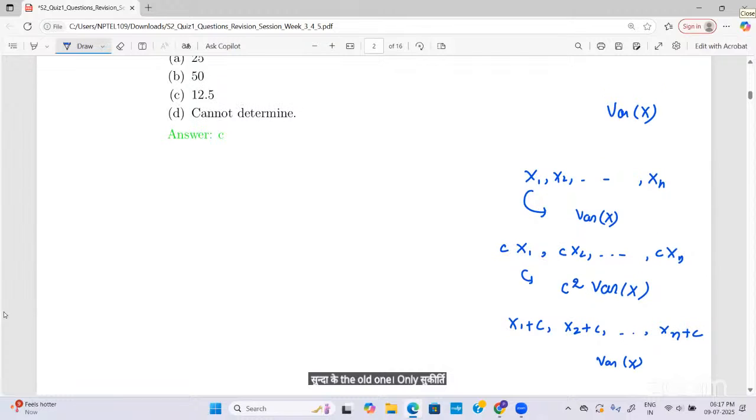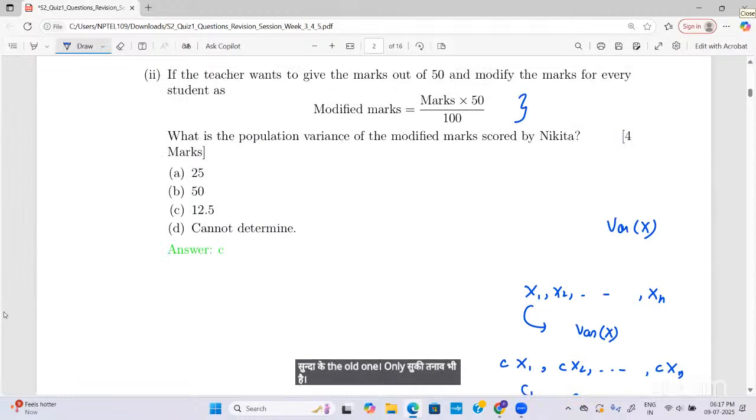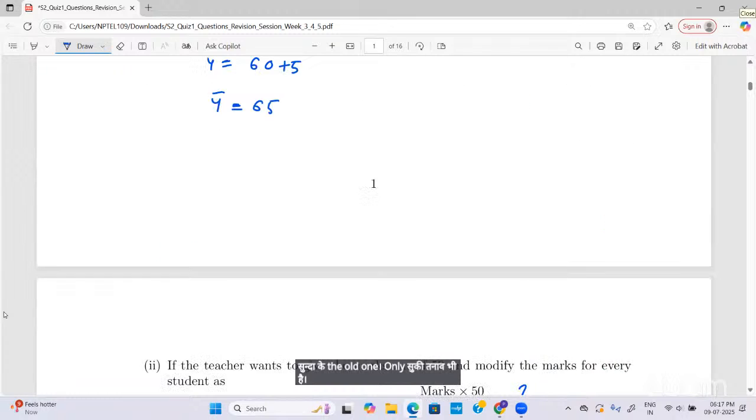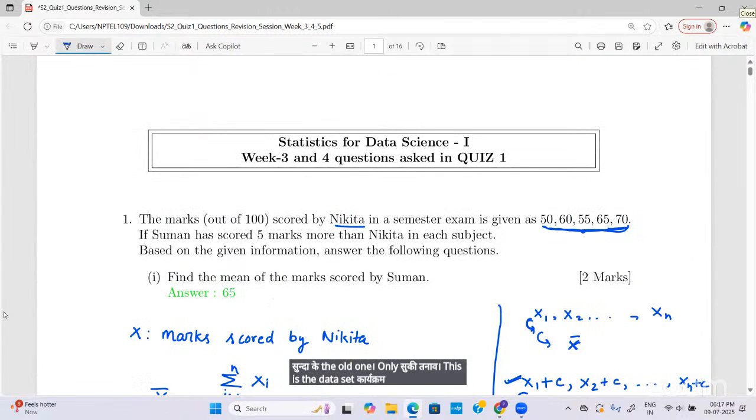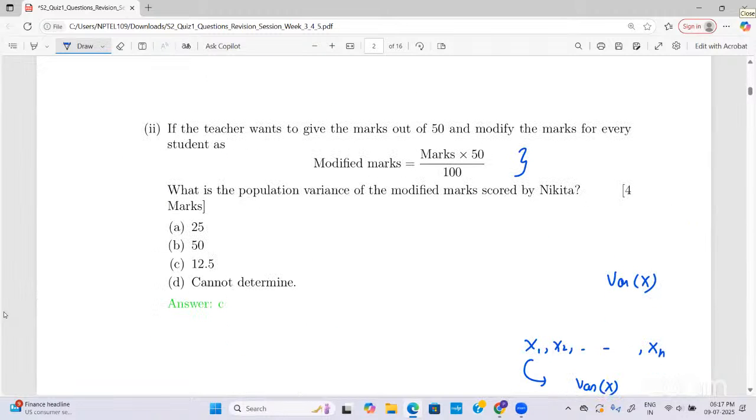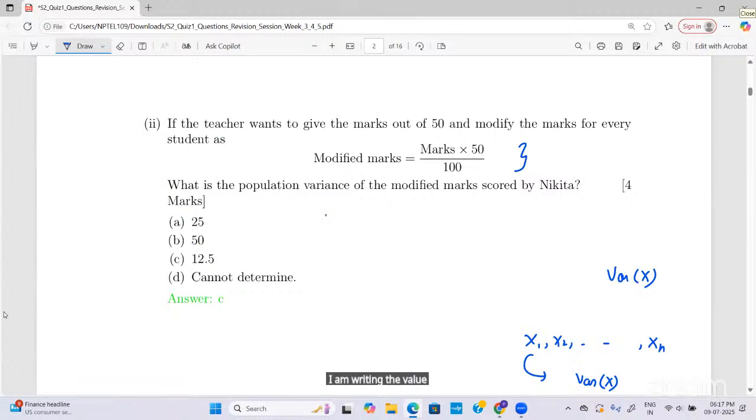So now we have to calculate the population variance. This is the data set. Calculate the population variance for it. I'm writing the values here.